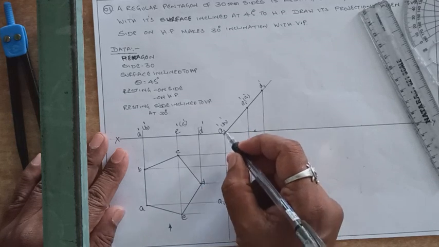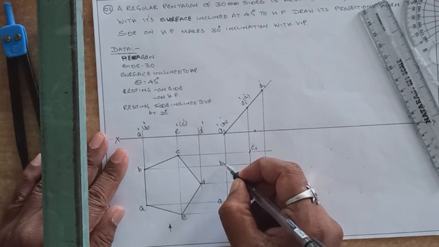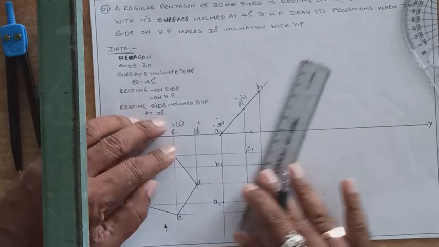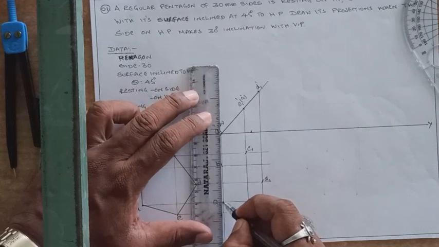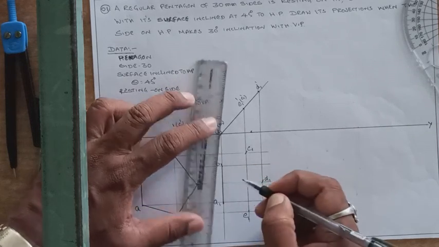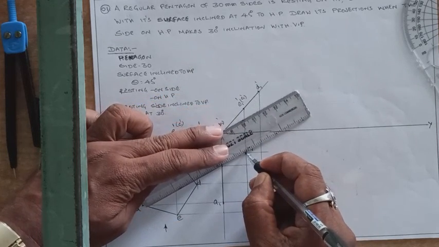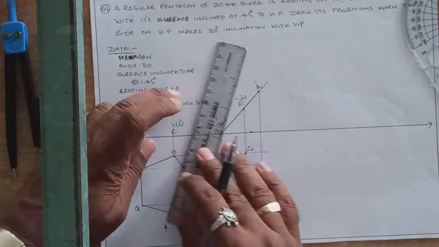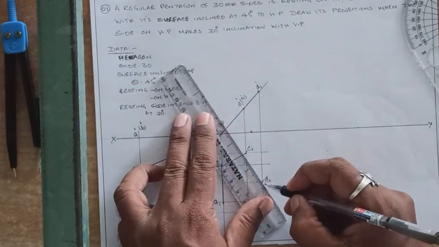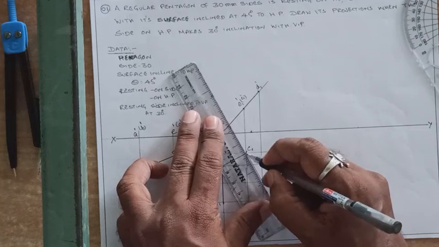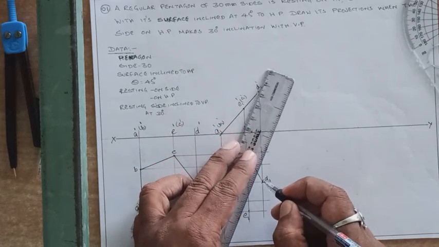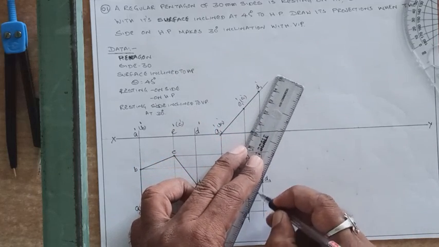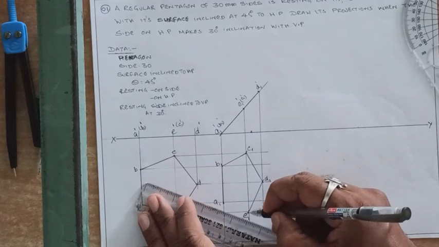Again B horizontal, B vertical, B1. Now join all these points in order: A to B, B to C, then C to D, and D to E, again E to A.